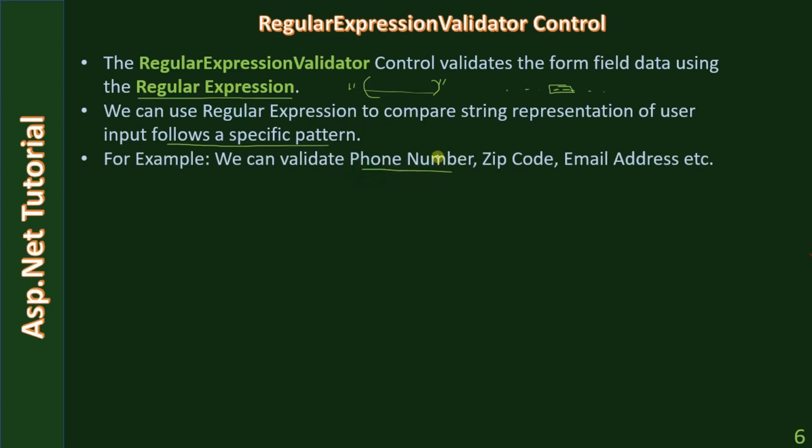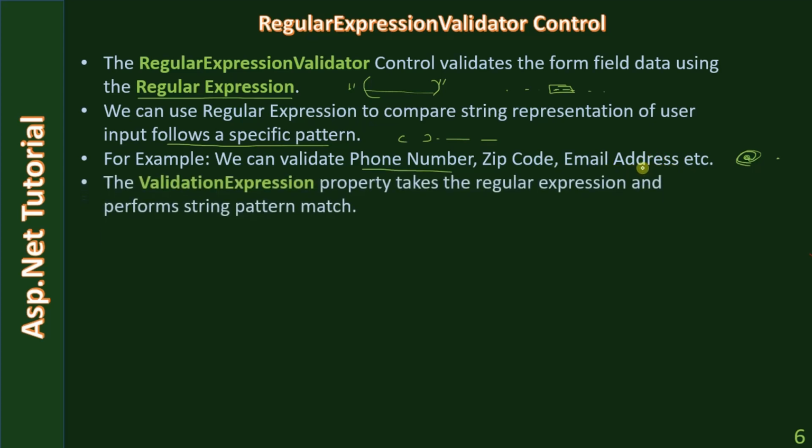Your phone number follows a specific pattern, right? Similarly, zip code, email address should have @ and dot at one location, right? .com or .in, whatever. So @ is required in the email address. So those are all the patterns we can check using the regular expression validator control.